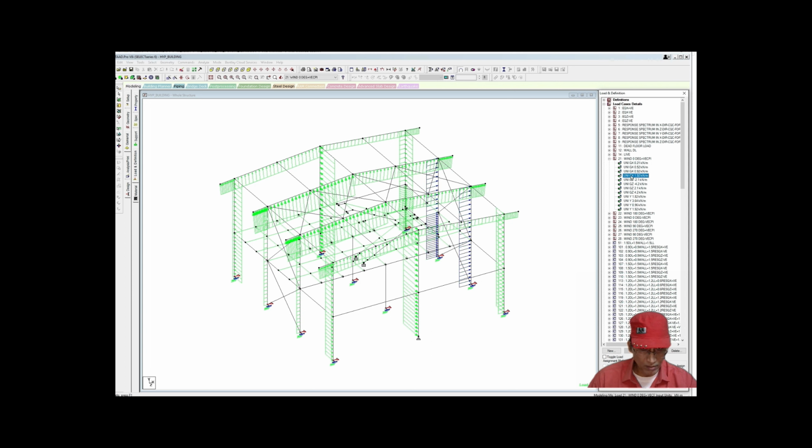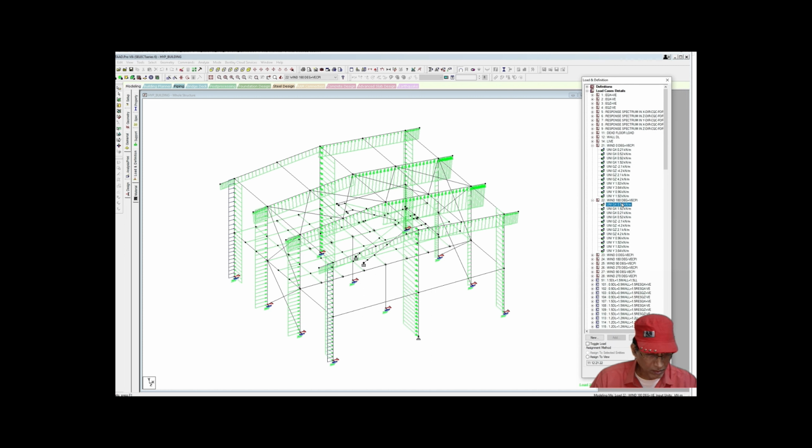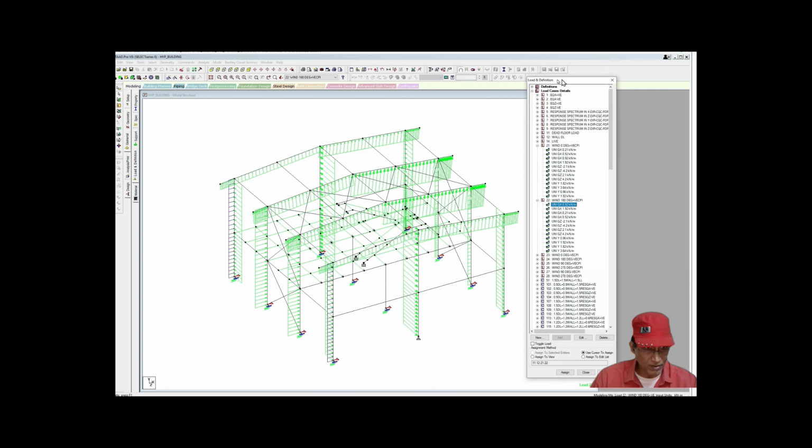So our girt load in wall B, in load 22. Girt load is in wall A. Actually, this should be in negative direction. We probably forgot to change it. That is why we should check it once in the graphical user interface.